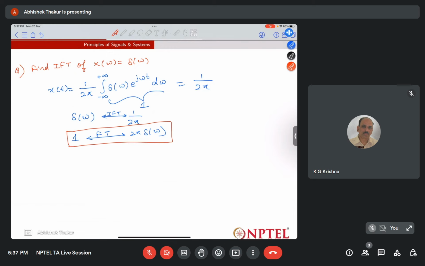Now take the second signal. Another question: here X(omega) is equal to delta of omega minus omega naught. Now we have to find the inverse Fourier transform of this, which is equal to 1 by 2 pi integration from minus infinity to plus infinity of delta of omega minus omega naught into e to the power of j omega t d omega.